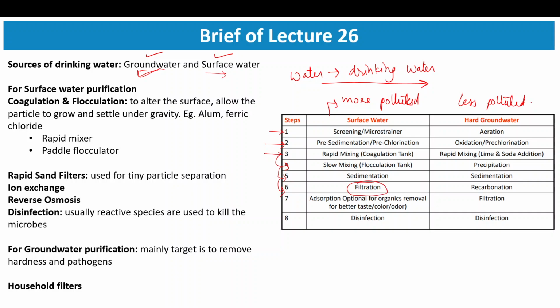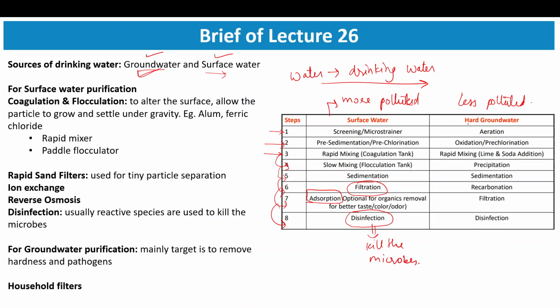And if the water is only very little polluted, then depending on what pollutants are there, we can have adsorption or such kind of tertiary treatment. Later, there can obviously be microbes present in it, so we disinfect the water to kill the microbes.